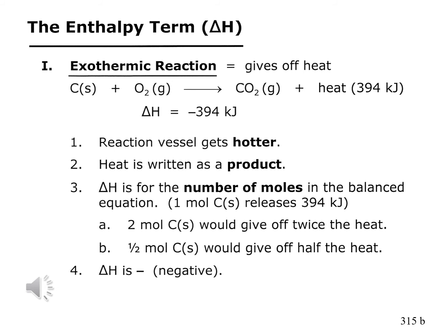The most important for us is that delta H has to be for the number of moles in the balanced equation. For example, if you burn 1 mole of carbon, it produces 394 kilojoules. If you burn twice as much, it produces twice the heat. And so it has to be for the number of moles in the equation.